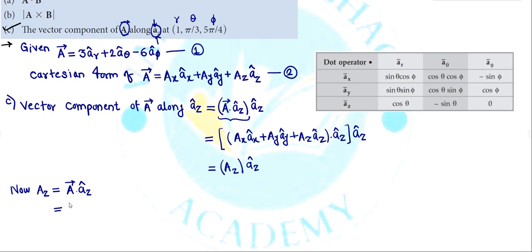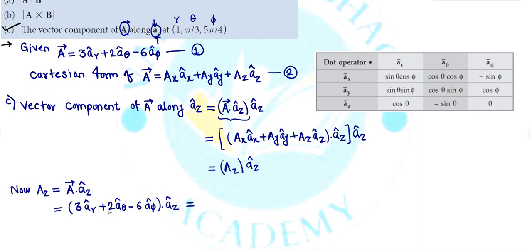So what is our vector A? We have that vector A to be 3 AR cap plus 2 A theta cap minus 6 A phi cap. It has the dot product with respect to the z direction. Now we are going to make use of that transformation table.